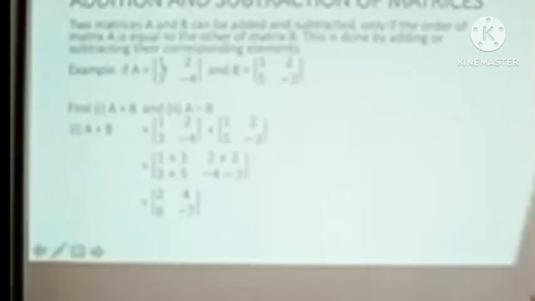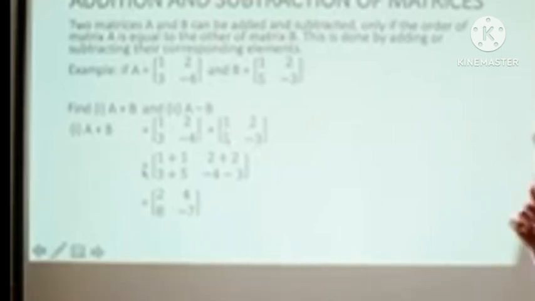Example, if metric A is 1, 2, 3, and minus 4, metric B is 1, 2, 5, and minus 3. Find 1, A plus B, 2, A minus B. Solution, first is A plus B. All you need to do is to bring metric A and add it with metric B. Metric A is 1, 2, 3, and minus 4, plus metric B, which is 1, 2, 5, and minus 3.